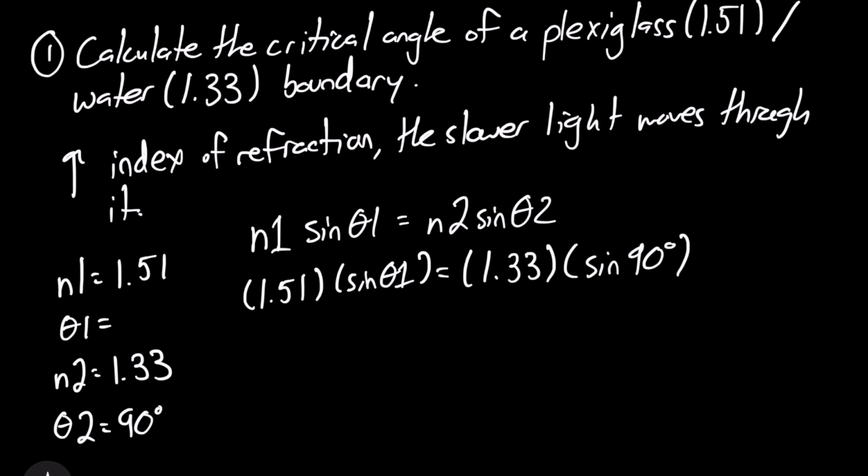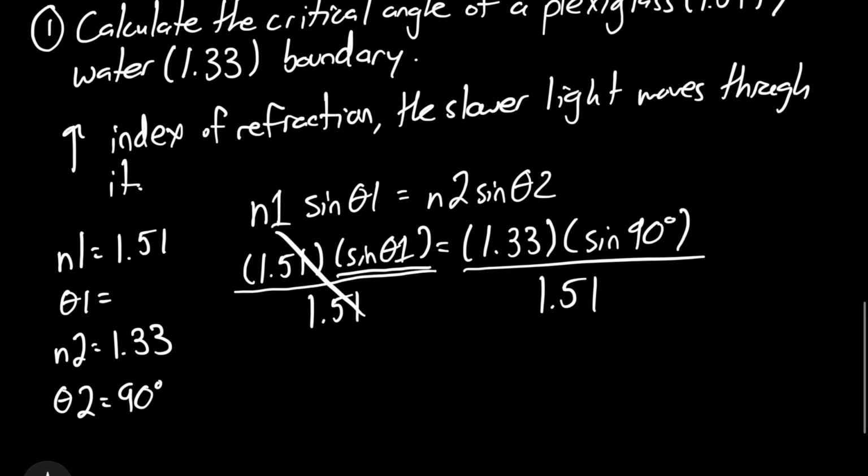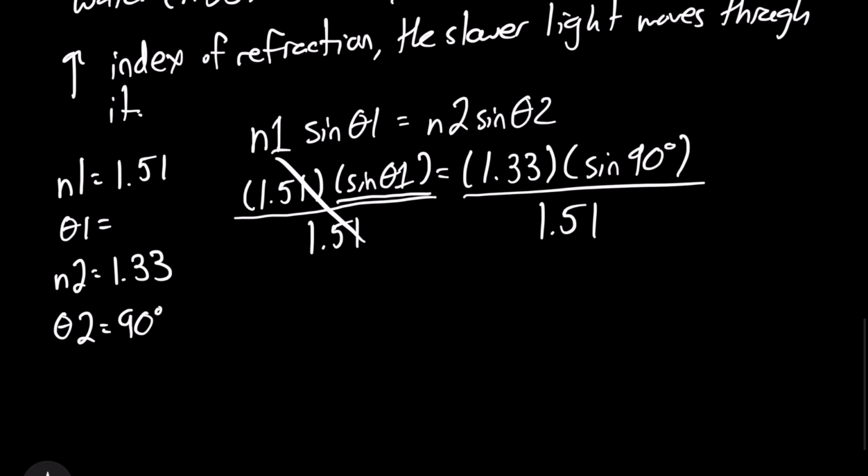So let's isolate for what we want. We want to isolate for sine theta 1. So let's divide our left side by 1.51 and our right side as well by 1.51. And let's type that into our calculator.